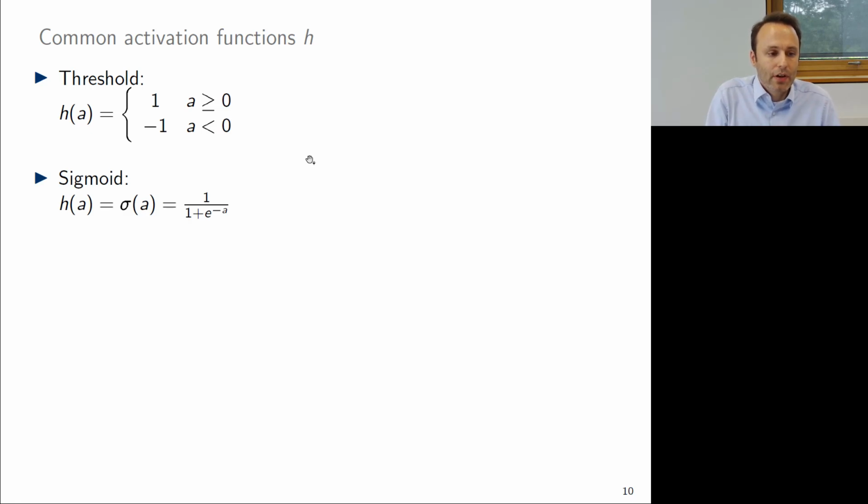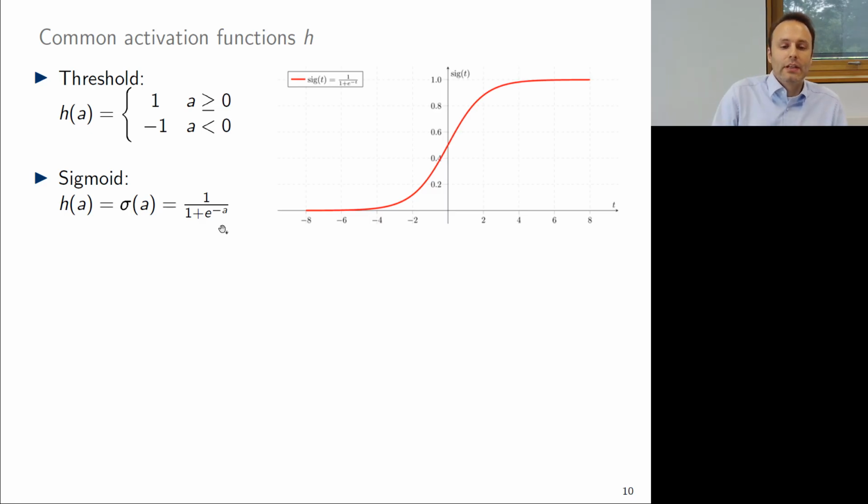Then there's the sigmoid function, which has this exponential function here, and whatever is in the exponential is minus of what you put in this h function, and this squeezes the value that you get out of this between 0 and 1, and this crosses the vertical line at 0.5.